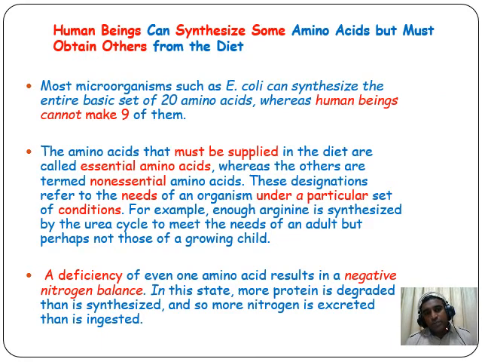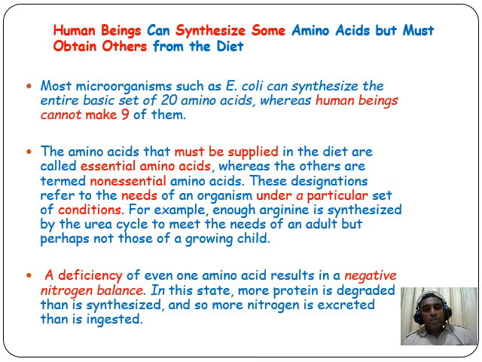In terms of synthesizing the 20 amino acids, it's not a problem for plants and microbes. Plants and microbes can synthesize all 20 without any issues, because they have the pathways and enzymes for making all the 20 amino acids. Unfortunately, through evolution, human beings cannot make all 20 and can only make 11, as indicated in this slide.